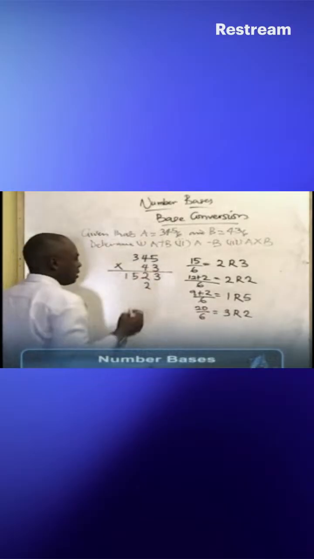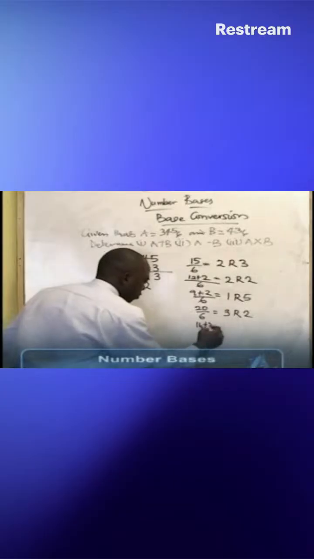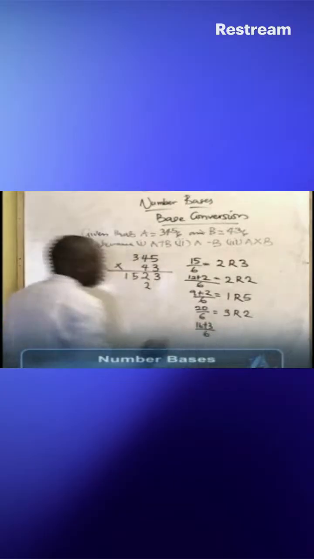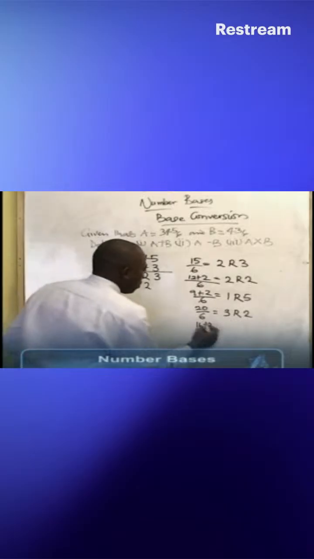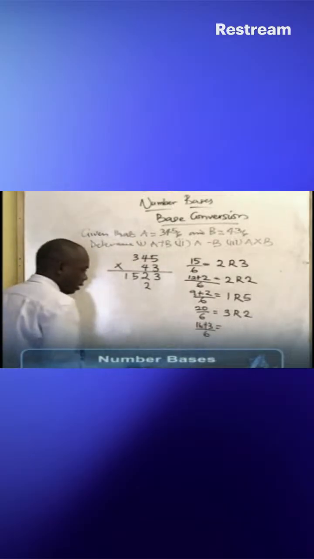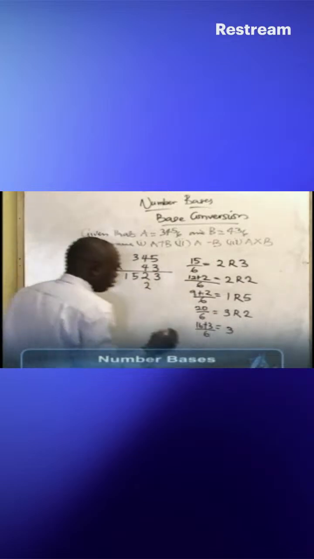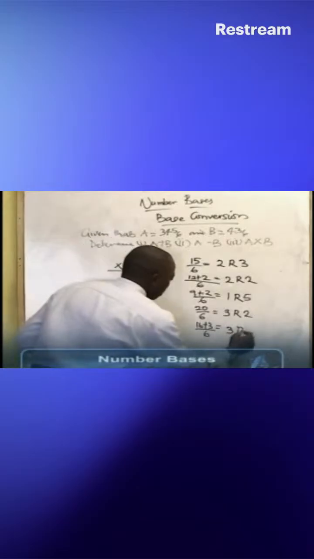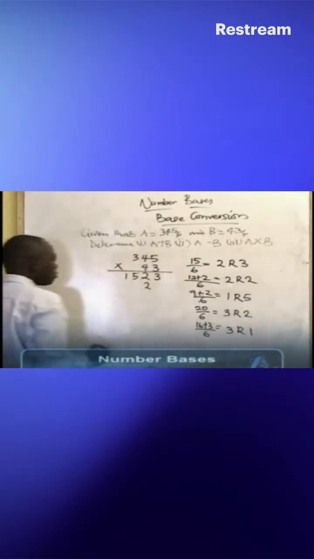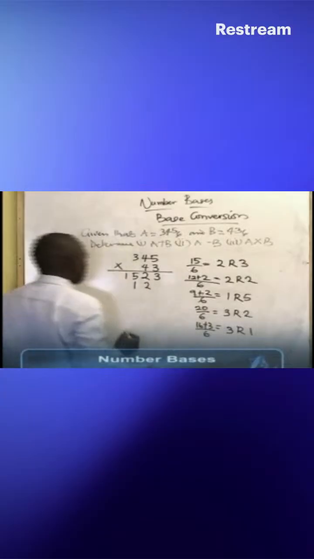4 times 4 is 16. You write 16 plus the 3 that you are carrying over, divided by 6. 16 plus 3 will now be 19. 6 will go in 19 3 times, and what you have left is remainder 1. You take that remainder, you put it, and you carry it over.